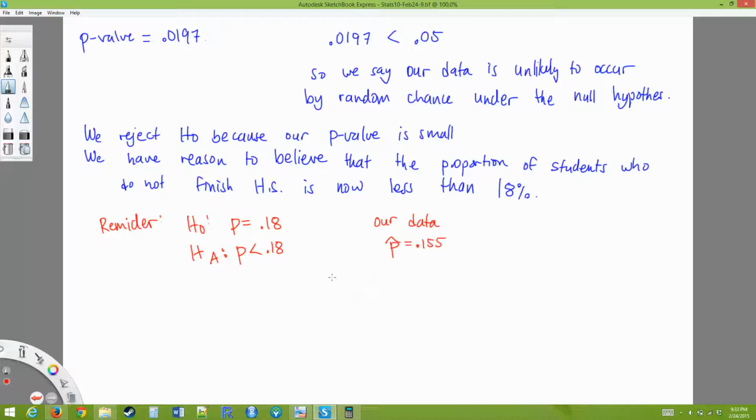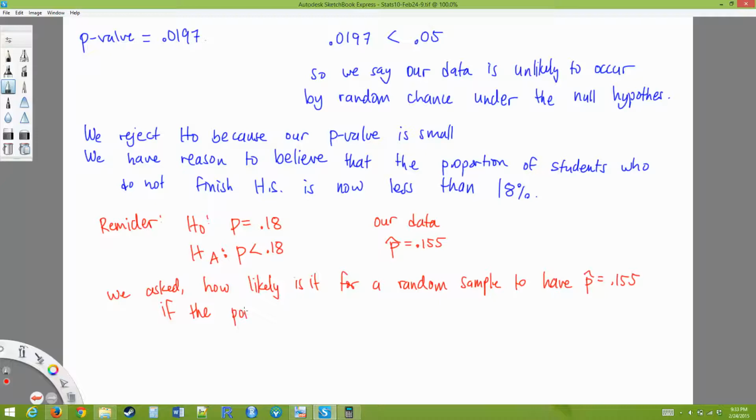We asked, how likely is it for a random sample to have p hat equal to 0.155 if the population is still 0.18?